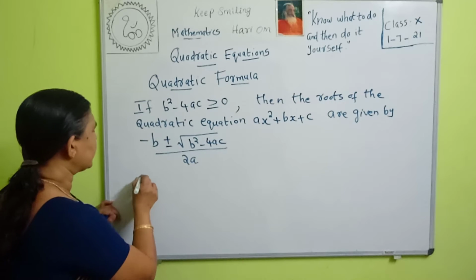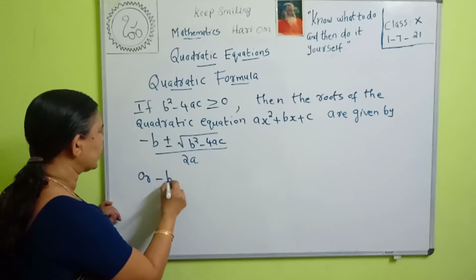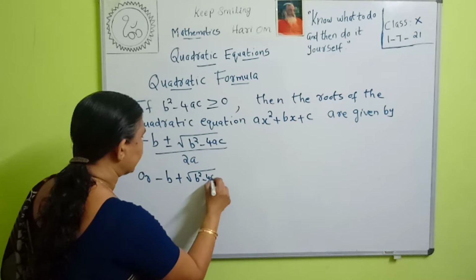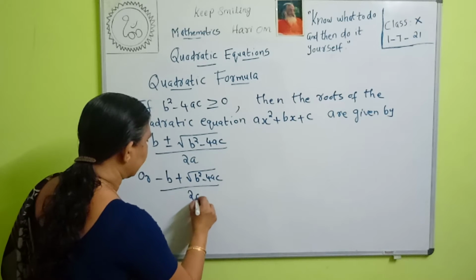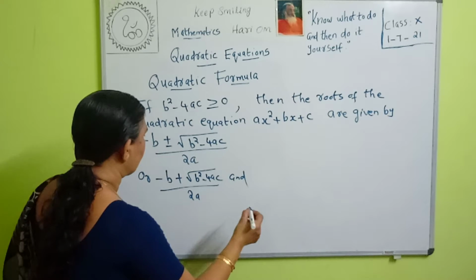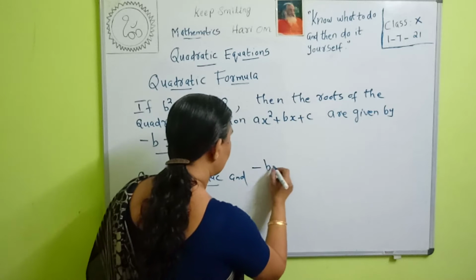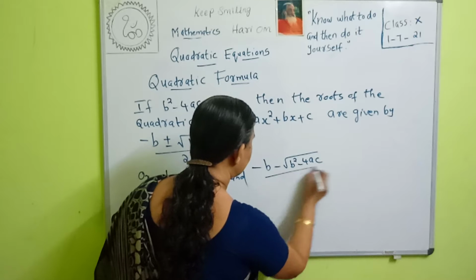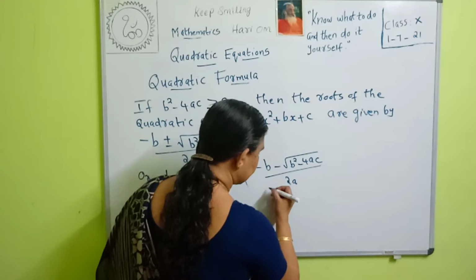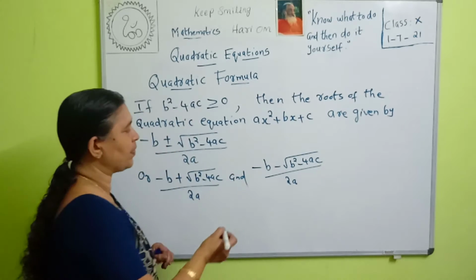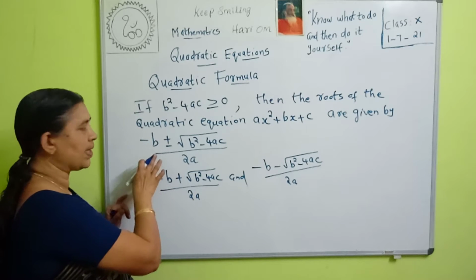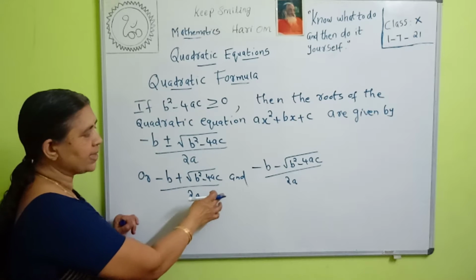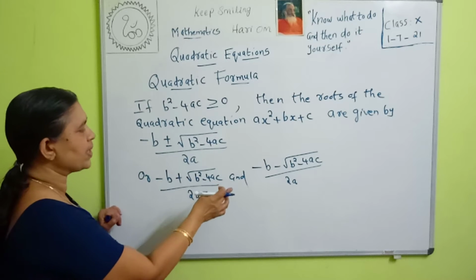Or we can write it as two roots, minus b plus root of b square minus 4ac by 2a and minus b minus root of b square minus 4ac by 2a. Minus b plus or minus root means the first root is minus b plus root of b square minus 4ac by 2a, and the second is minus b minus root of b square minus 4ac by 2a.